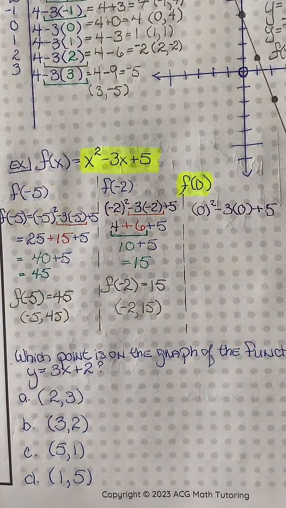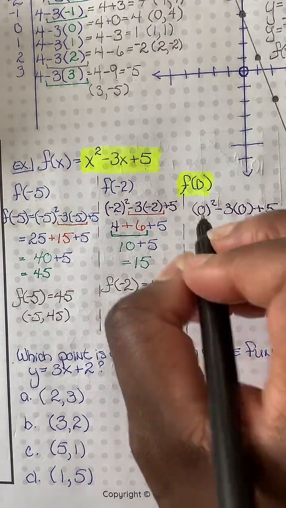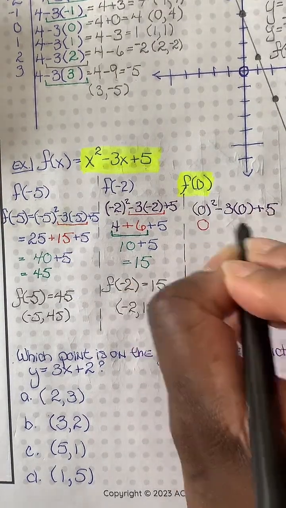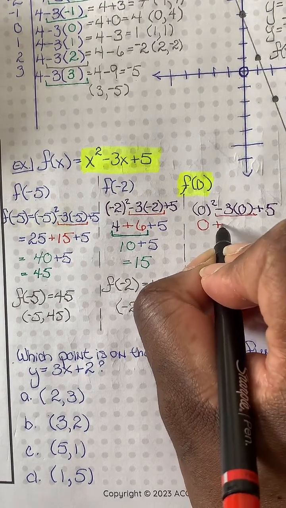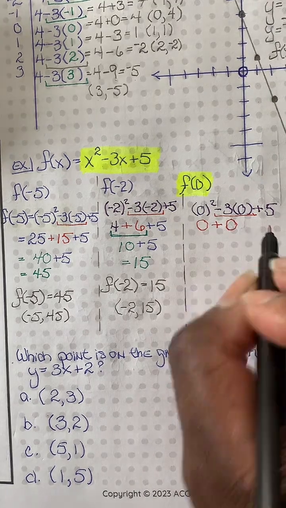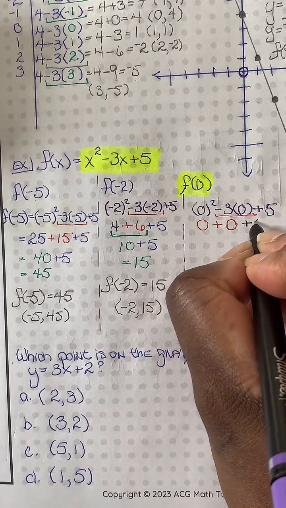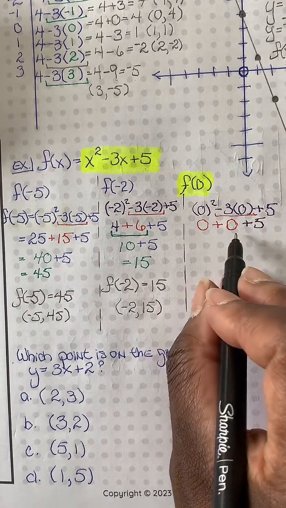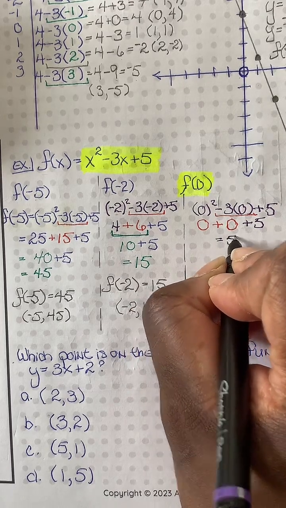Anything times 0 is going to give me 0. So we have 0 here, negative 3 times 0, which is 0. And then what's left is our plus 5. So 0 plus 0 plus 5 gives me an answer of 5.